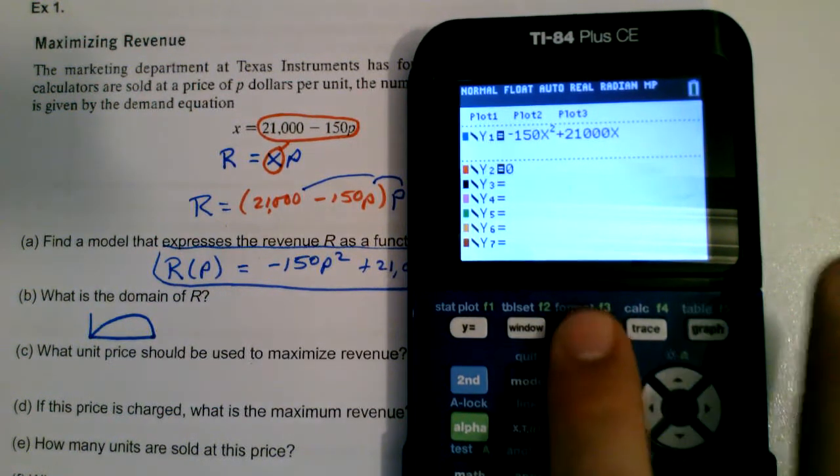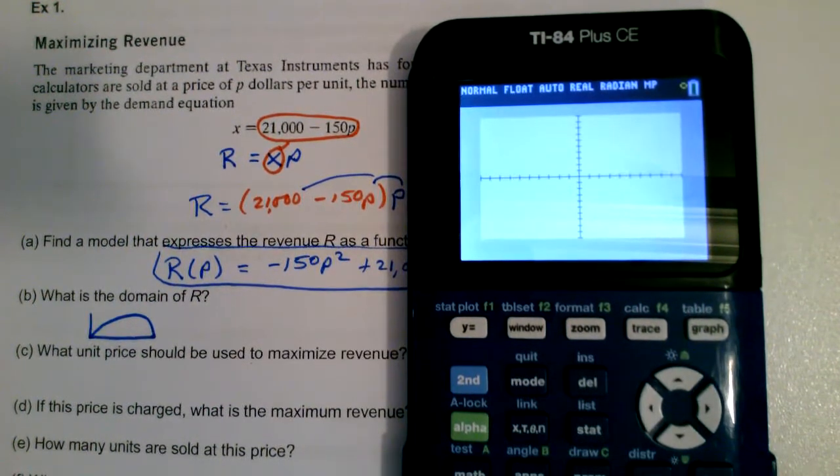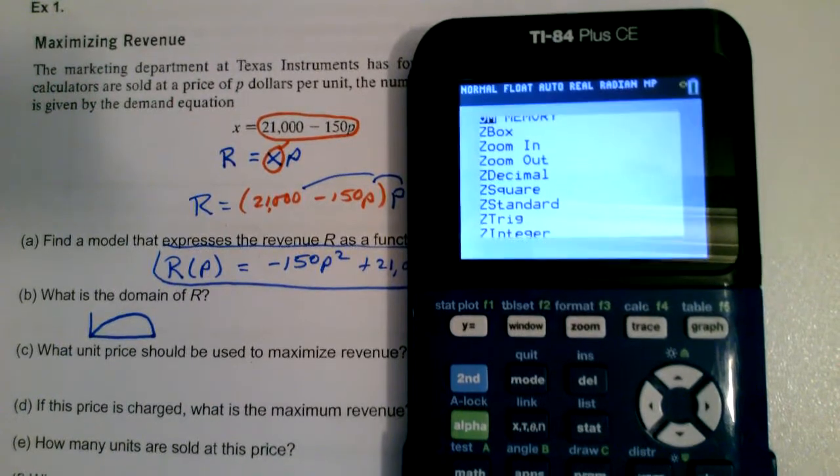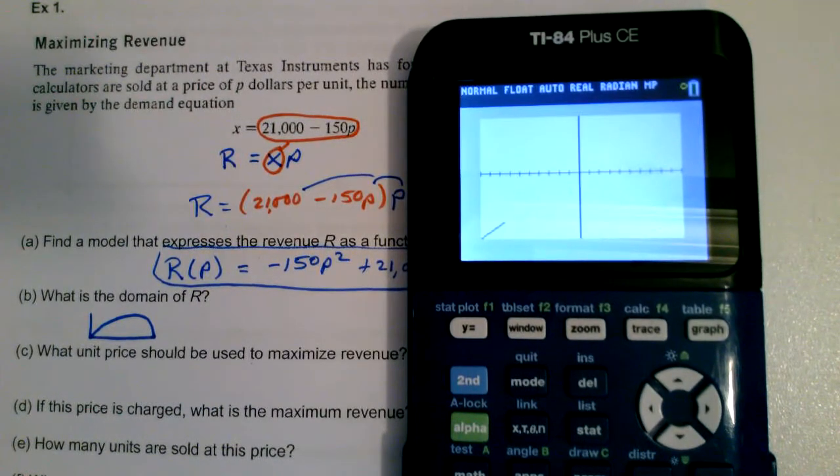So I'll walk you through it again. Zoom 6. I made a straight line on the y-axis. So do you have that on zoom 6? Okay. So you have a straight line. Then we did zoom 0. Zoom 0, that's zoom fit. You should see this.